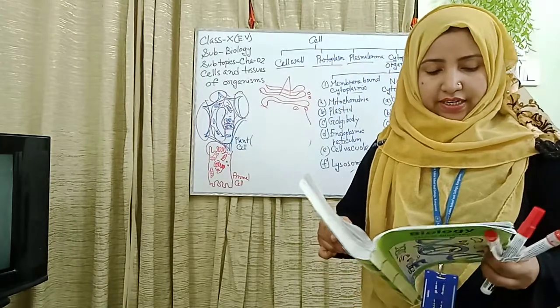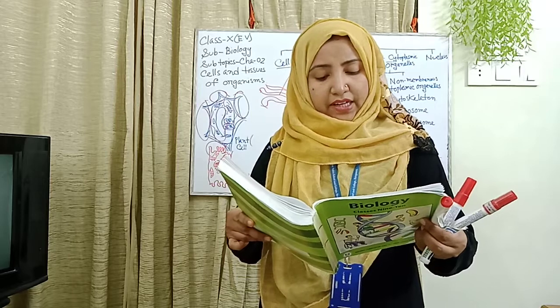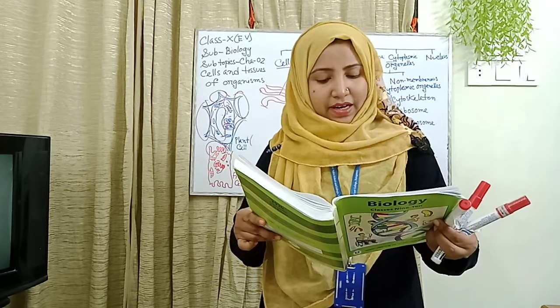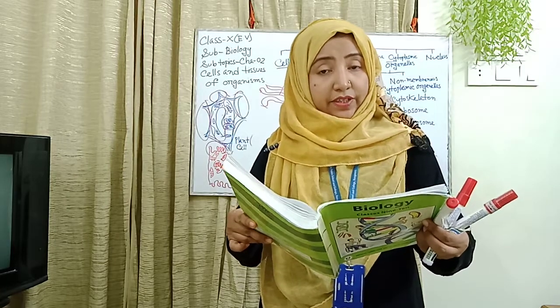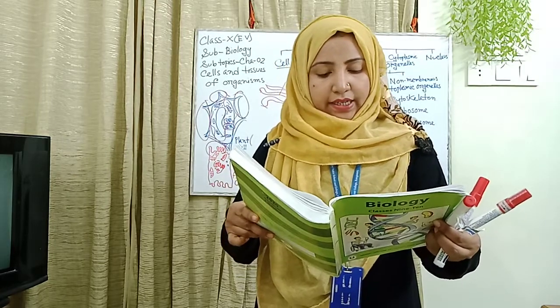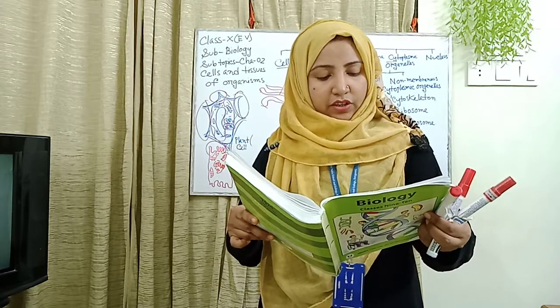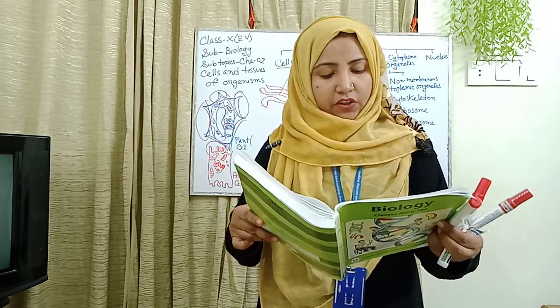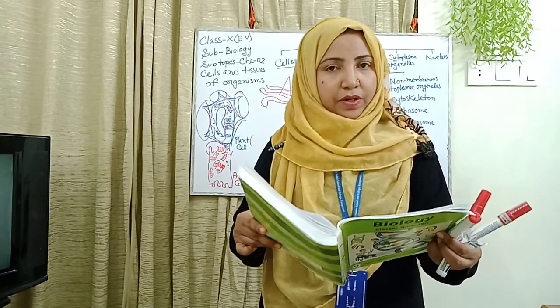First is cytoskeleton. The cytoskeleton is a complex network of fibers that shapes the cell and holds organelles in place. It is located just beneath the plasma membrane. These fibers consist of a complex mesh of protein filaments: actin, myosin, and tubulin.